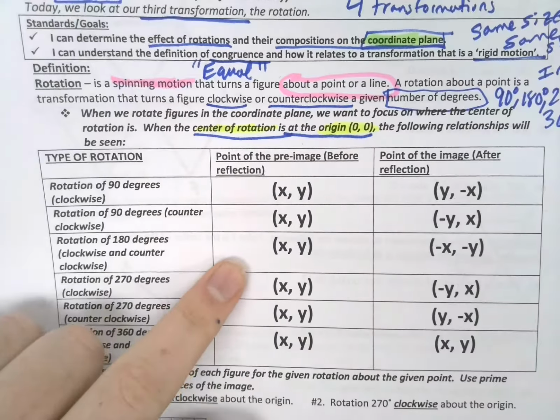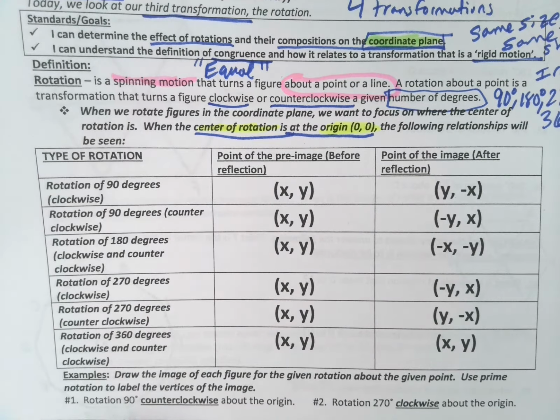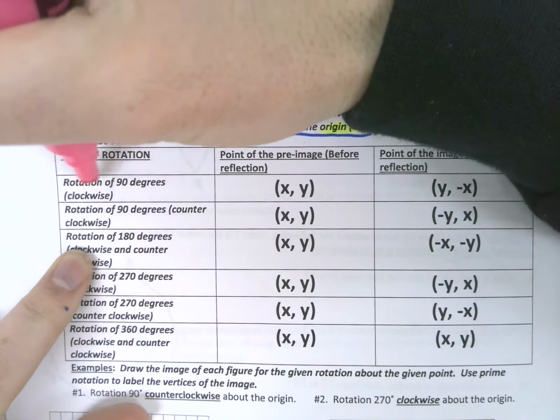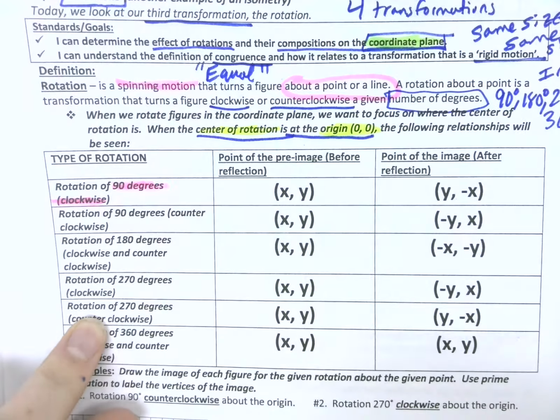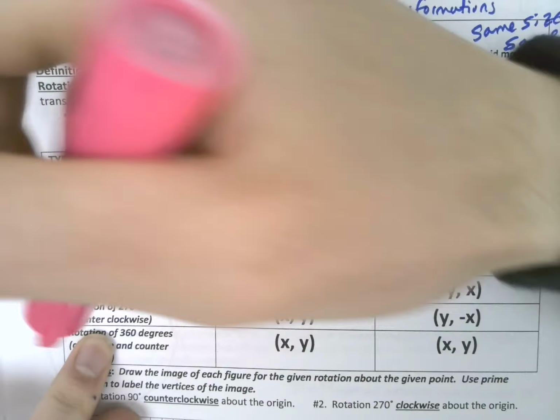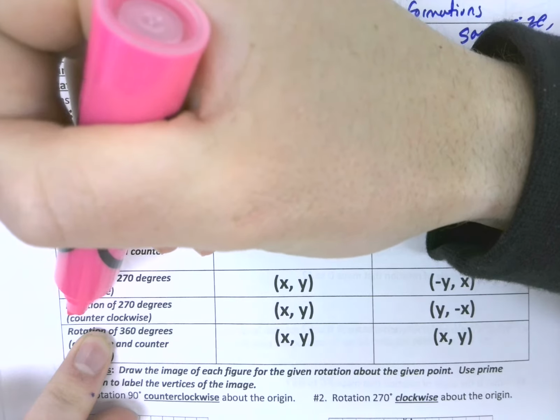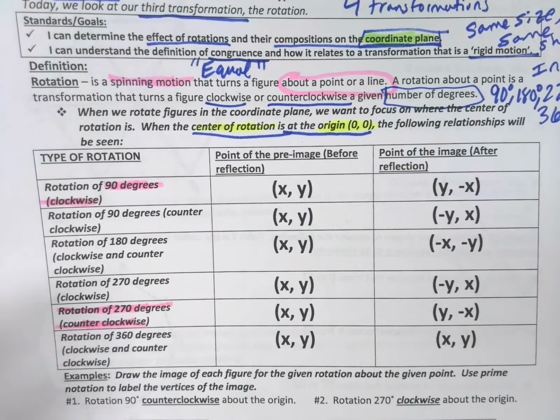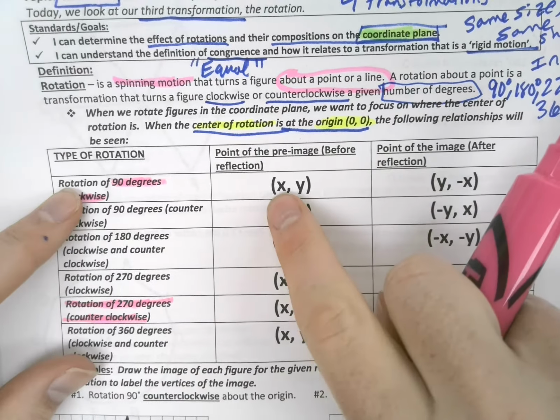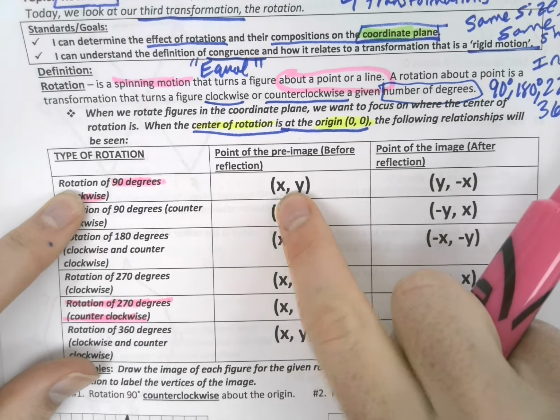Check out these relationships. I want to draw your attention to 90 degrees clockwise and 270 degrees counterclockwise. The point of the preimage is x, y.